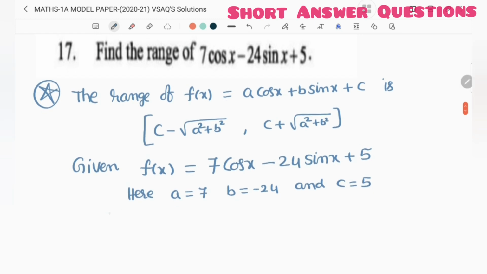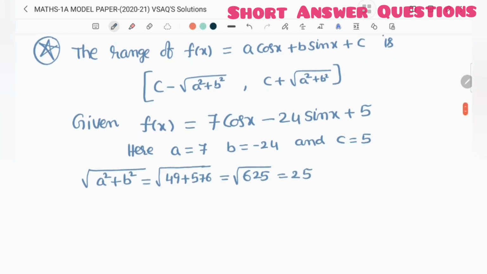So calculate the value of root a square plus b square. Root of a square, 7 square means 49, b square, 24 whole square, 576. So root over 625, which is equal to 25.